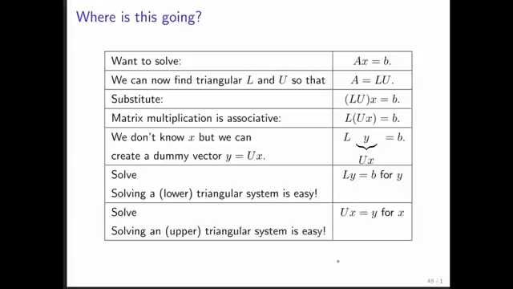Then we can take that vector Y once we've computed it and say, oh, but U times X has to be equal to Y. So now we can solve for vector X. That's solving with an upper triangular system, which is easy as well. So we first factor A into L times U, and then to solve the linear system, all we have to do is solve with a lower triangular matrix and solve with an upper triangular matrix.